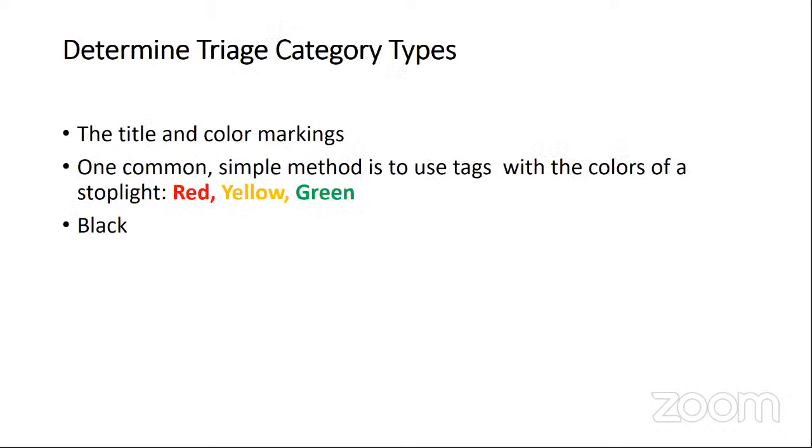Another thing is to determine the triage category type. We are almost familiar with these colors: red, yellow, and green. These are according to the priority of the patient. We have to prioritize: red, yellow, green, and black. Along with that, we have some like blue and gray also. We will come into the details of that.